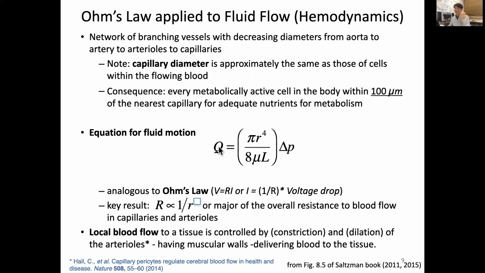This Q is the flow rate, and the flow rate is this term multiplied by delta P. Delta P is the pressure difference. Think about this shape with the known Ohm's law in electrical engineering, which we know as V equals IR.